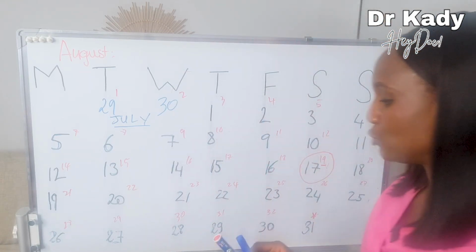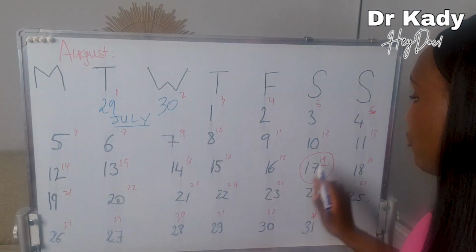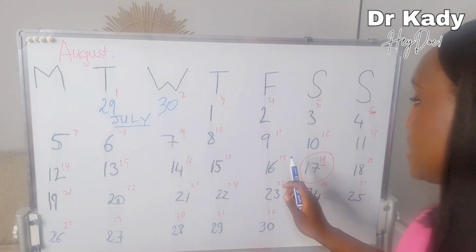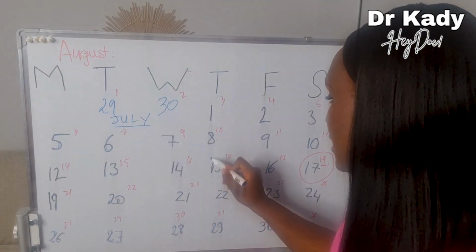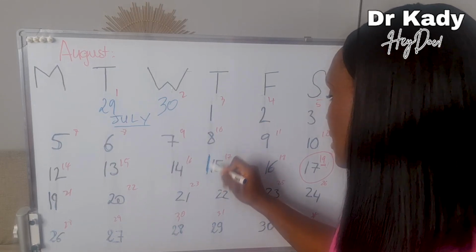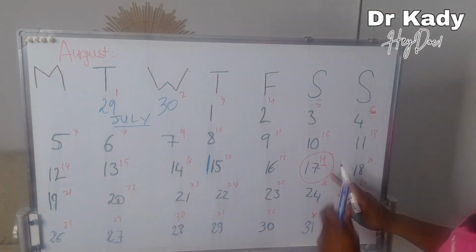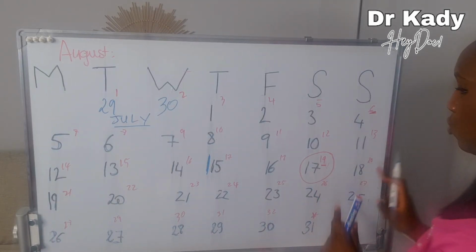So we're going to add 2 days before, so working 2 days from the 19th day of that cycle is 1, 2. So this is the first day she could possibly ovulate, and 2 days after the 17th is 1, 2.